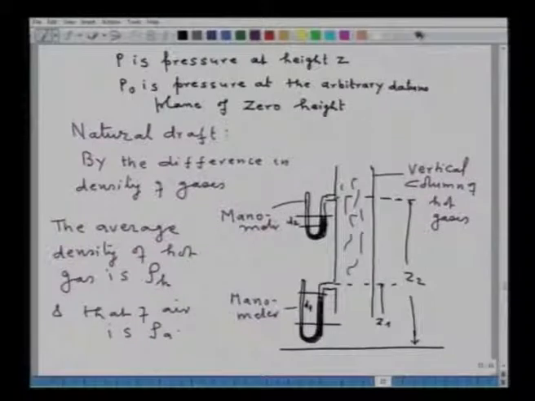So, what we are considering now in finding an expression for natural draft is a vertical column of hot gas; the gases are not moving. We have installed two manometers at two different positions, Z1 and Z2, to measure the relative draft. Now, this vertical column is surrounded by air at ordinary temperature and pressure.